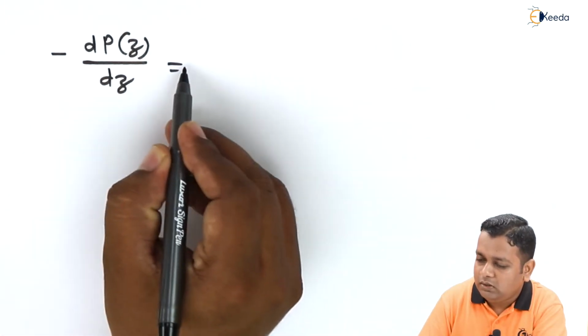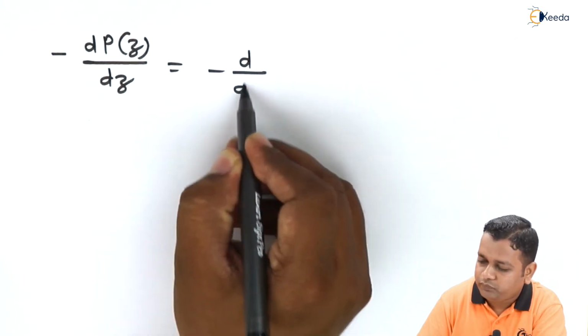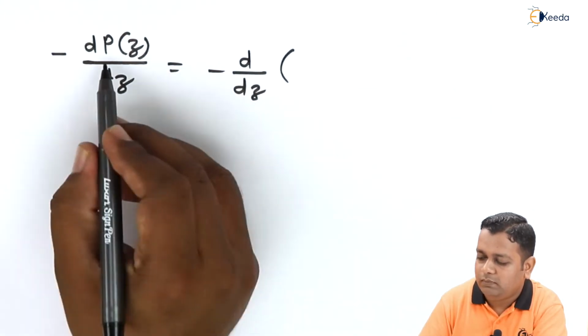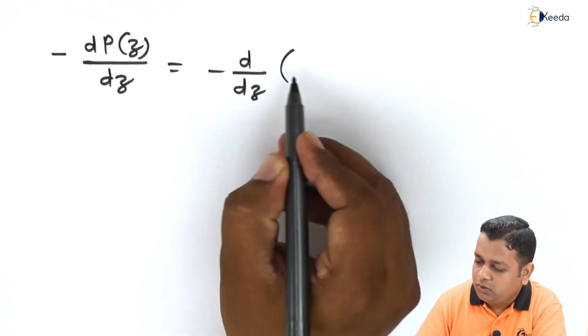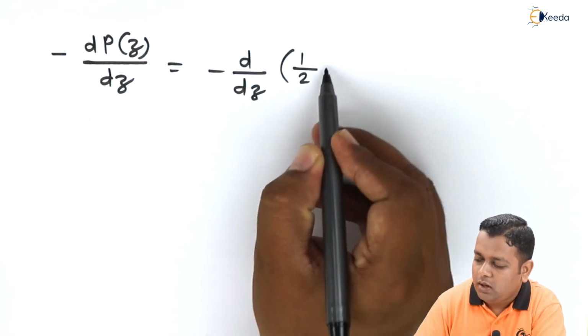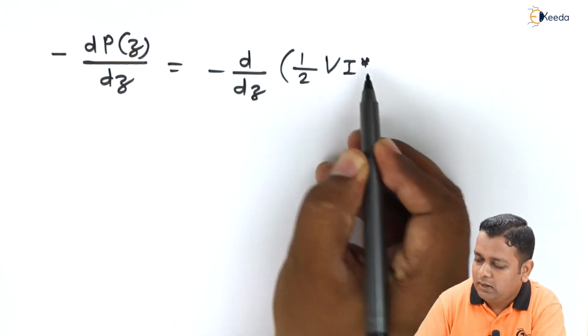So that can be written as minus d/dz of, in place of the power value, I put the representation in terms of half of V into I asterisk.